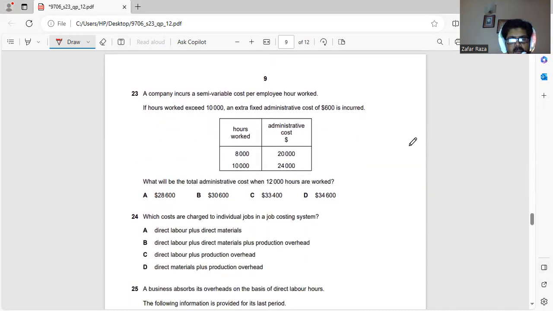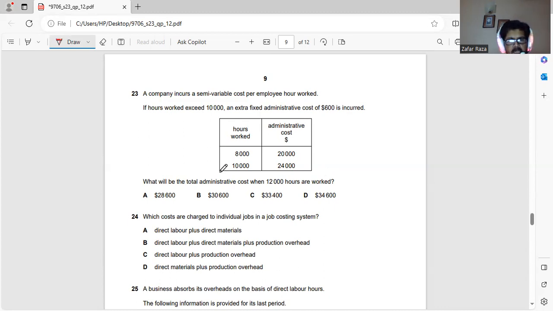Question 23. A company incurs a semi-variable cost per employee hours worked. If hours worked is 10,000, an extra fixed administrative cost of $600 is incurred. Hours worked 8,000 and 10,000, administrative cost 20,000 and 24,000.